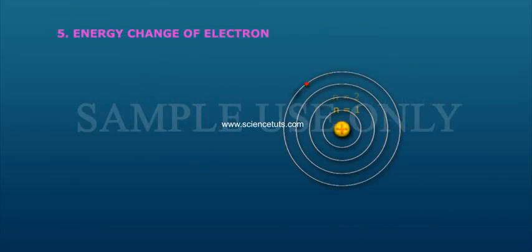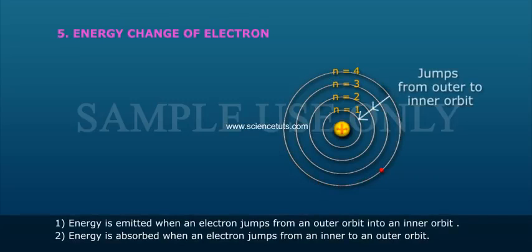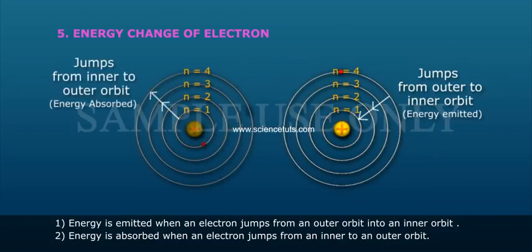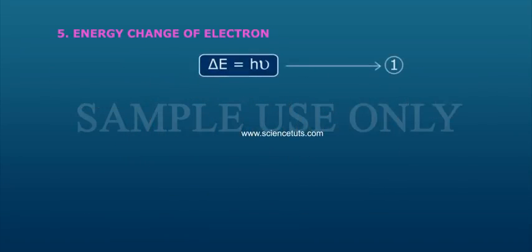5. Energy change of electron. Energy is emitted when an electron jumps from an outer orbit into an inner orbit. Energy is absorbed when an electron jumps from an inner orbit to an outer orbit. The emission or absorption takes place in quanta. Delta E is equal to h nu, equation 1.